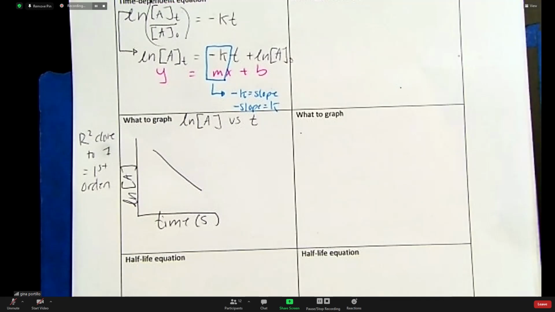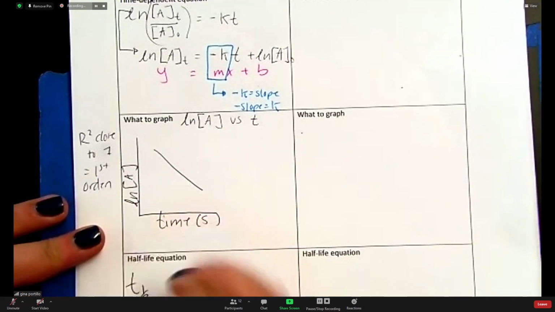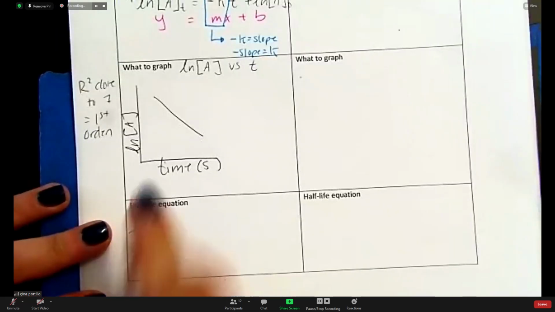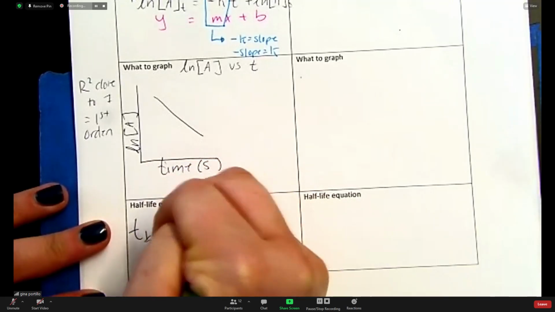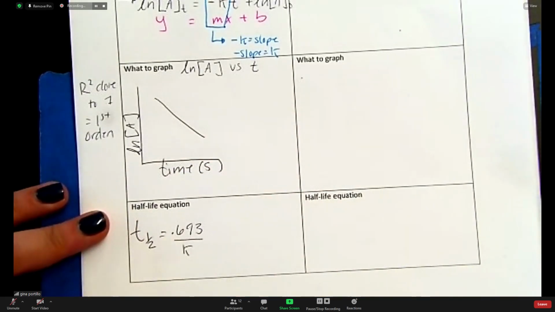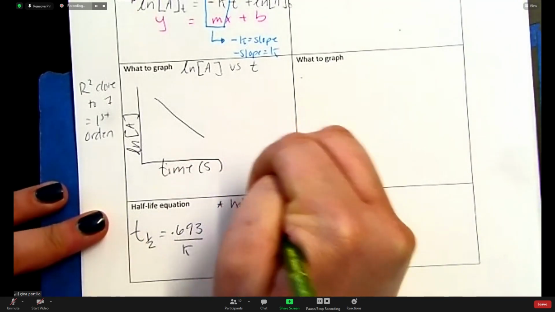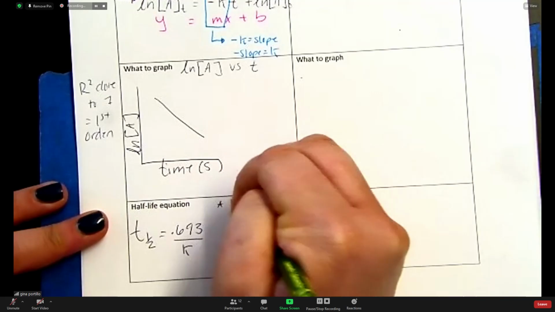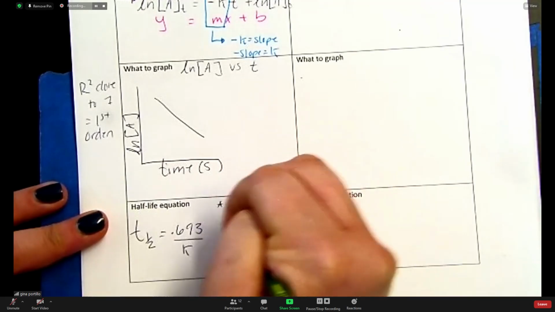And the half-life equation, if it's first order, so your time to have 1/2 of your sample left is equal to 0.693 over your rate law constant. So when it's first order, your half-life is not dependent on your original concentration, whatever you started with.